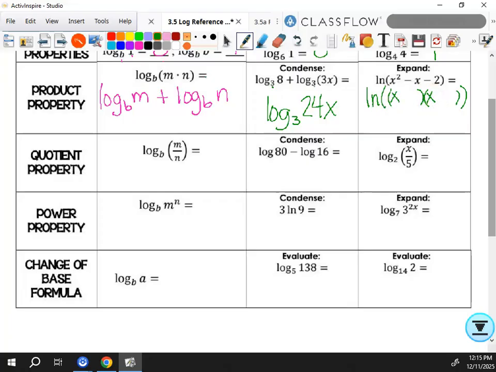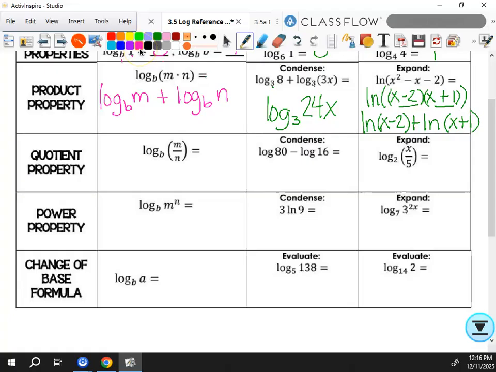And then what would my two numbers be? -2 and 1. Oops, plus 1. So now I have the natural log of these two things being multiplied together. So I can change that into the natural log of x minus 2 plus the natural log of x plus 1. Okay, this look familiar? This shouldn't be brand new, no matter which class you had last year.